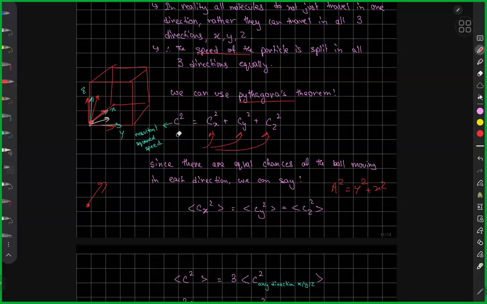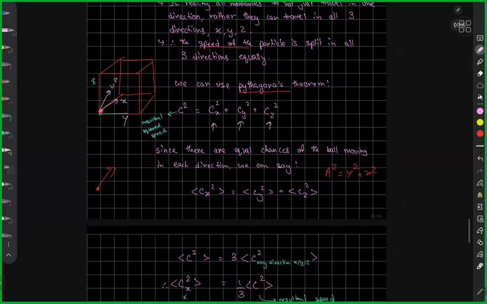So similar to over here, if I have a particle going over here, this is the particle, this is the velocity, this is my x direction, and this is my y direction. So this velocity has a component in the z direction, in y, and also x. And if I square all of these components, I get the velocity squared value. That is all I'm saying over here.